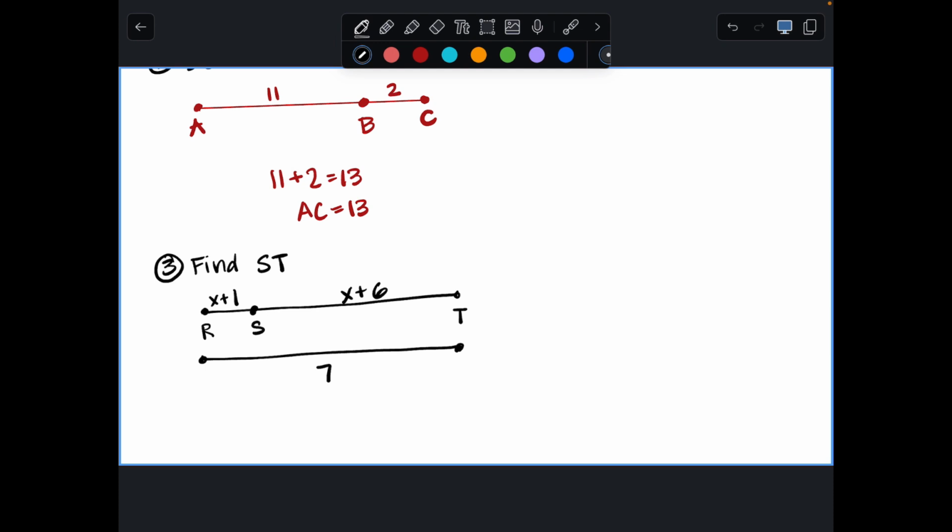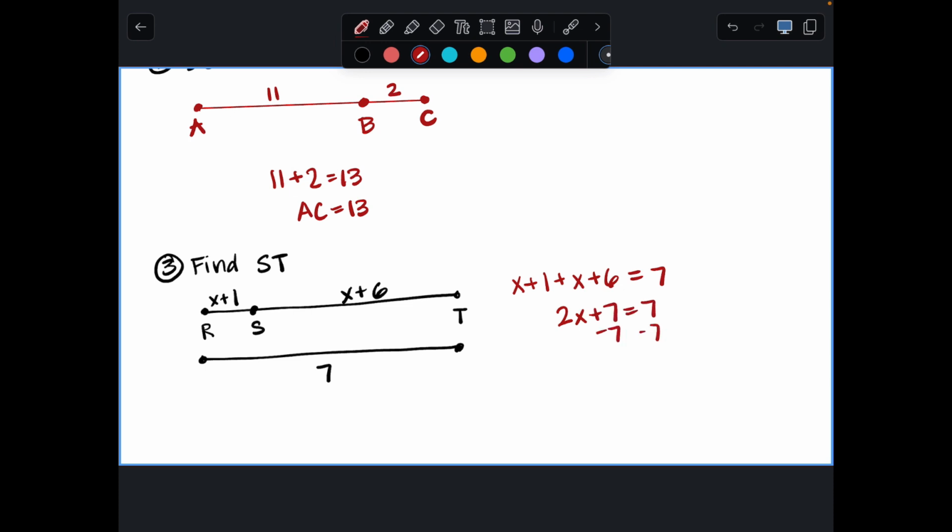So we need to set up an equation to find X and then substitute that back into X plus 6 to find the length of ST. So let's set up the equation. For the segment addition postulate, we would say that x plus 1 plus x plus 6 equals 7. So this is 2x plus 7 equals 7.